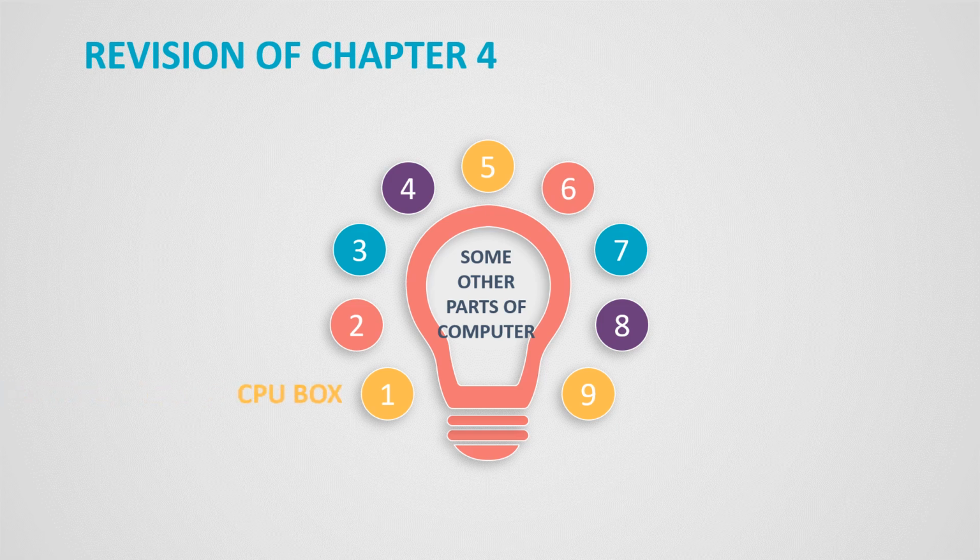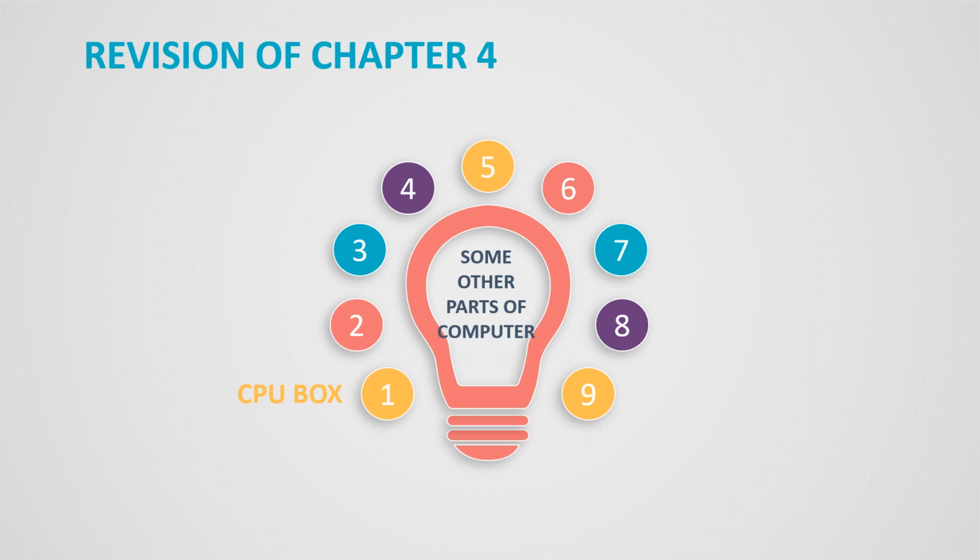Number 1 is CPU box. CPU box is different than CPU. CPU is the brain of the computer and CPU box is the box in which CPU is placed. CPU box has DVD drive or CD drive in it.